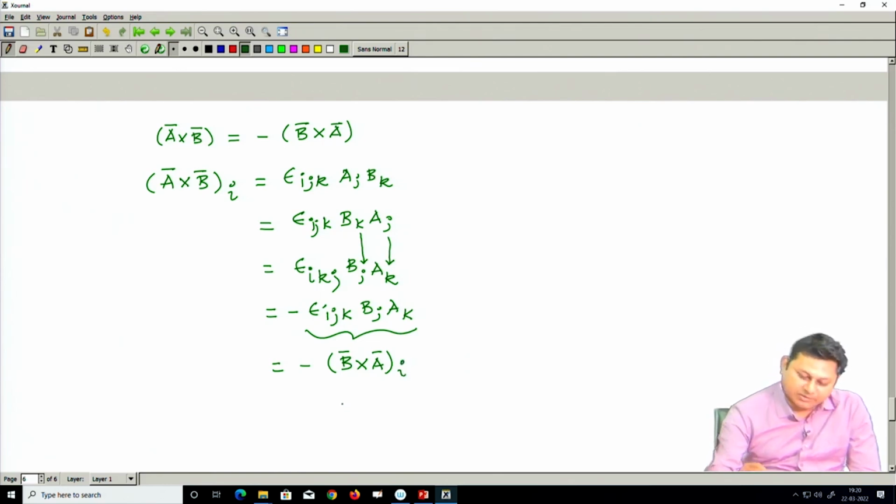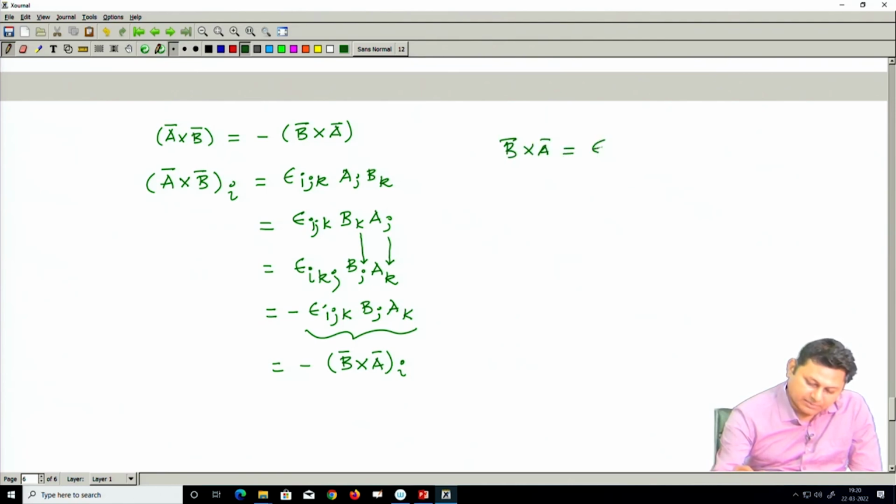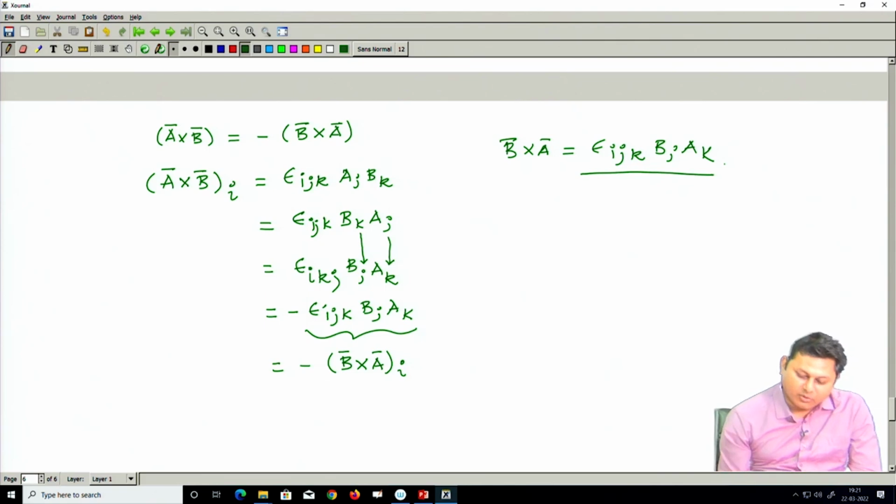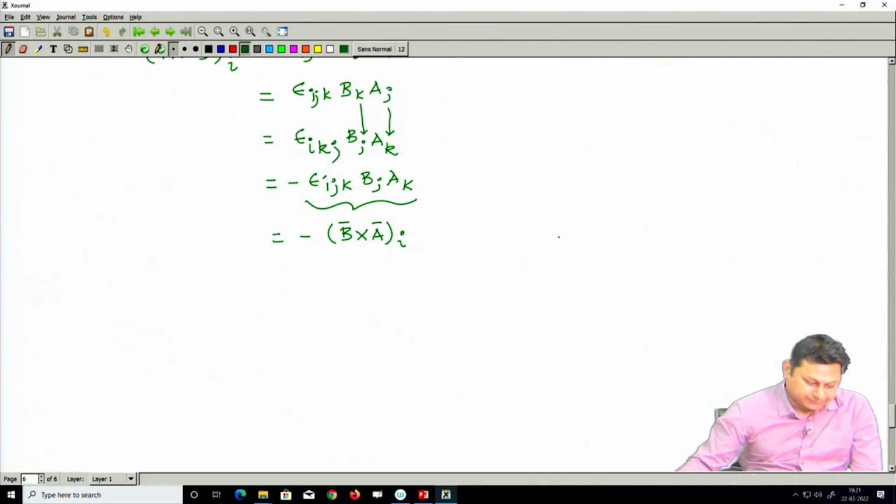Because if I write B cross A in epsilon symbol, it should be epsilon ijk B j A k. So, in order to have this form, I just manipulate it and find that the ith component of A cross B is simply the ith component of B cross A with a negative sign, and that we know.